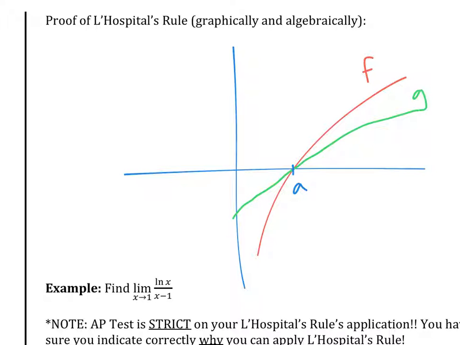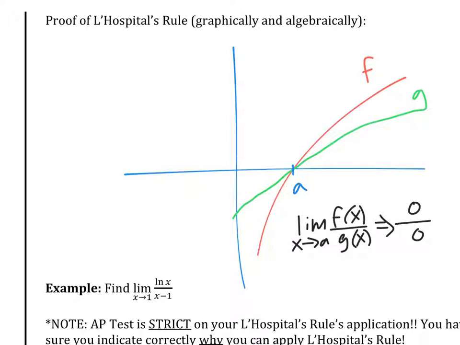So if you want to find the limit as x goes to a of f over g, well, what is f of a? 0. What is g of a? 0. So 0 over 0 is my indeterminate form, so that tells me that I cannot find an answer, but there is a limit.